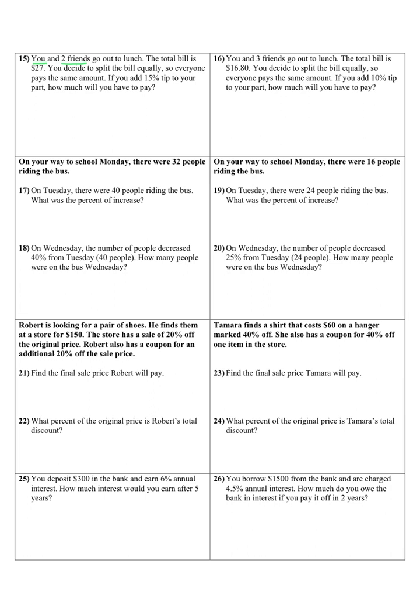The total bill is $27. You decide to split the bill equally. Do you know what all of those words mean, you guys? That means divide. So everyone pays the same amount. If you add 15% to your tip, ooh, I love those words, add 15% tip, that tells me what I'm going to have to do in a minute.